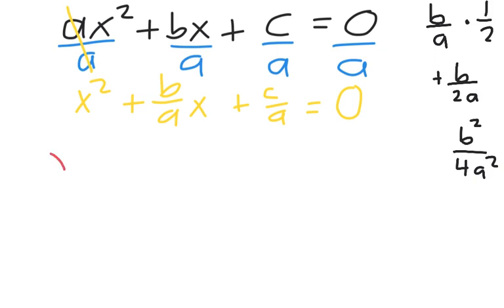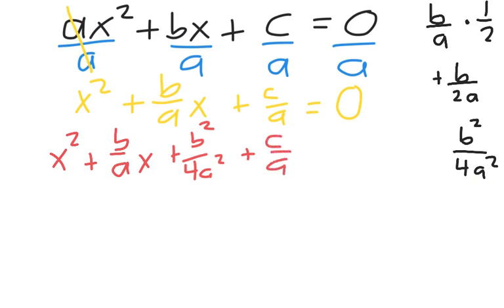I'm going to have x squared plus B over A times x plus B squared over 4A squared. Right, I've added it over there. Then I've got the plus C over A. And now I need to do the same thing to the other side. If I've added B squared over 4A squared to one side, I have to add it to the other side. So this is B squared over 4A squared.